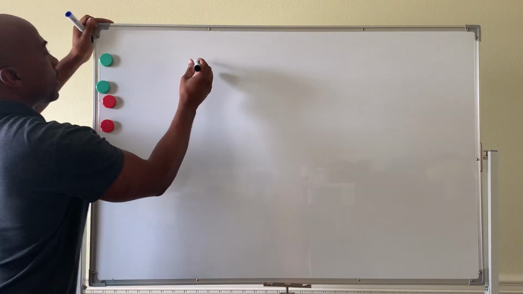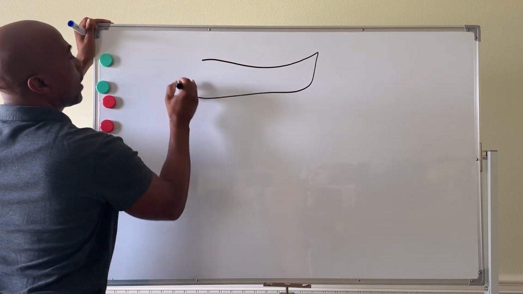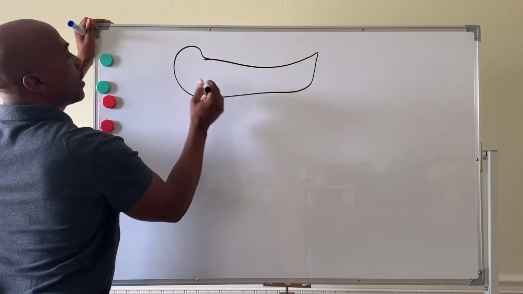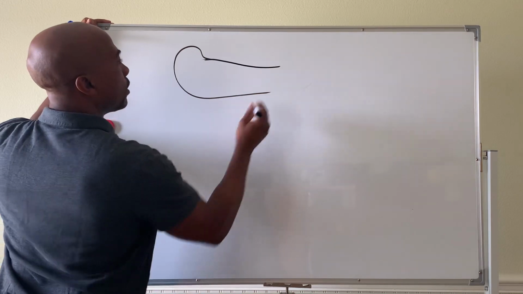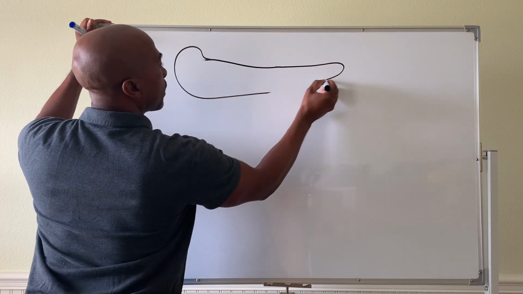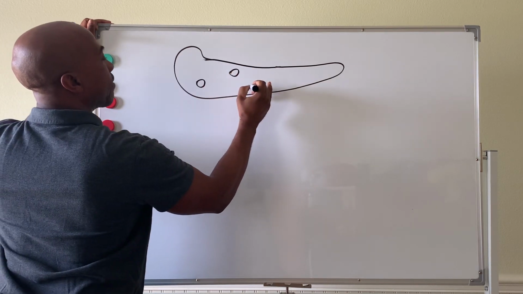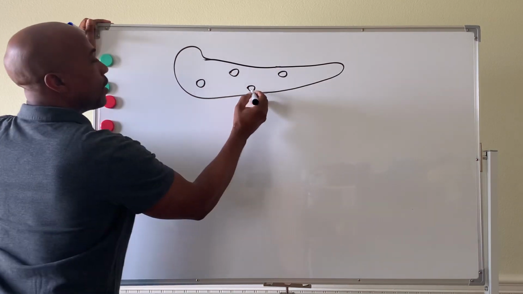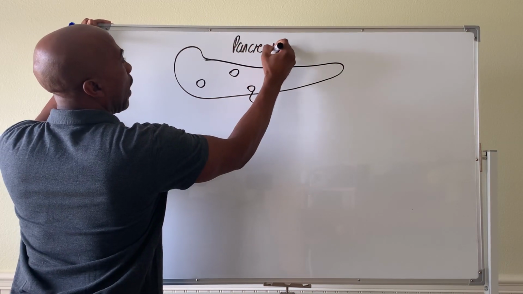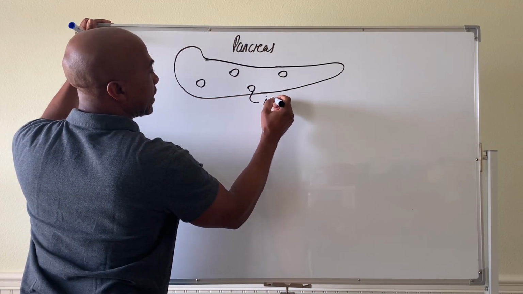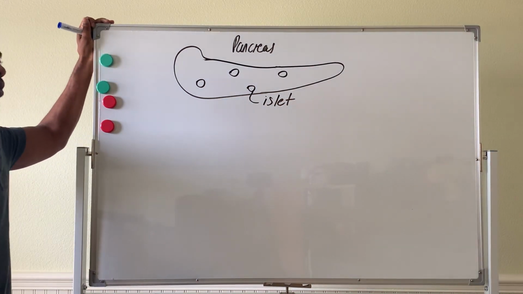So the pancreas sits beneath the stomach. Bad drawing of the pancreas here. It has more of a tail, like so. It has these islands in there called islets. These islets have 5 different types of cells in them.